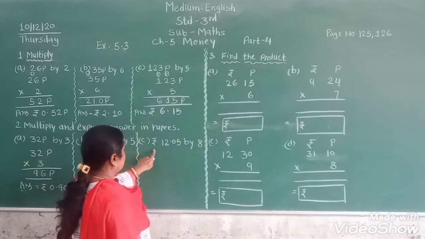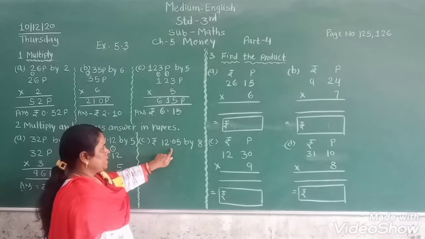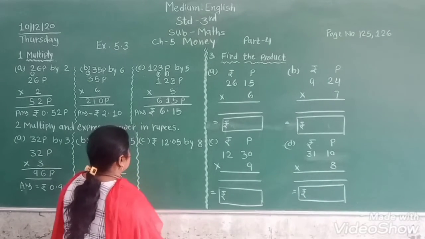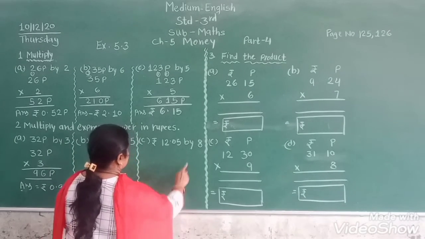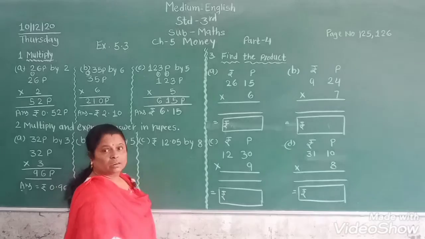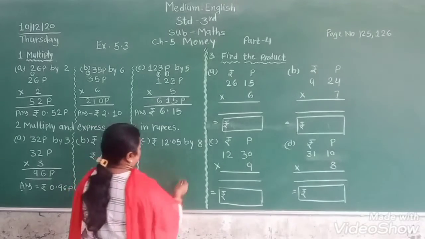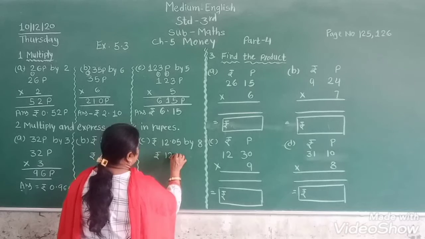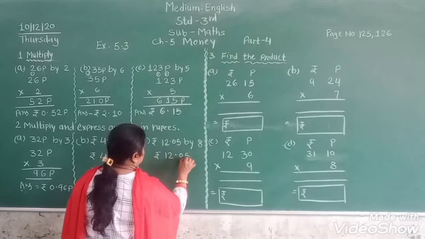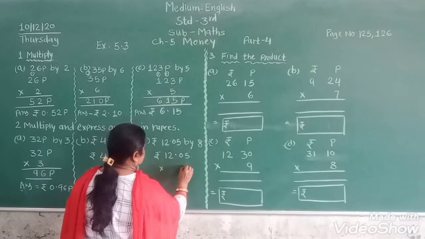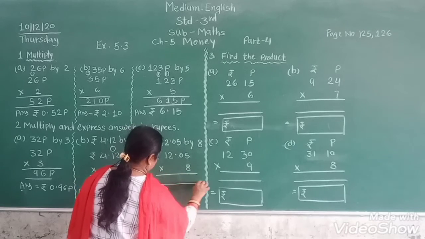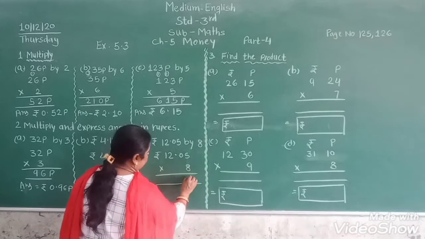Now next sum, rupees 12.05, rupees 12 and 5 paise, multiply by 8. Okay. Now here we write rupees 12.05 and multiply by 8. 8 5s are 40.